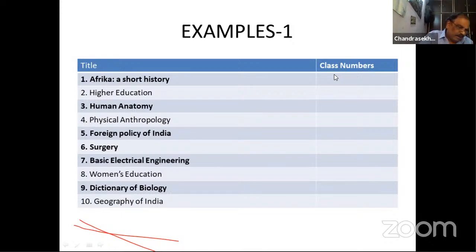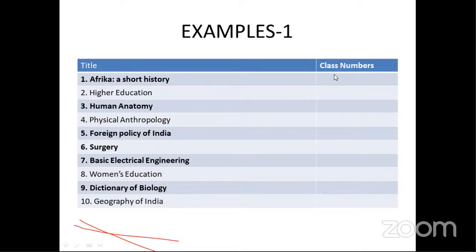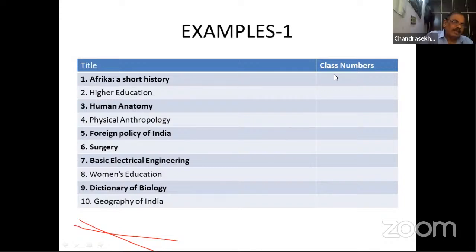Electrical systems, electrical properties, electrical appliance, electrical engineering: a direct number is there in the index. In the second summary, 620 is engineering, but in the third summary you do not find it.